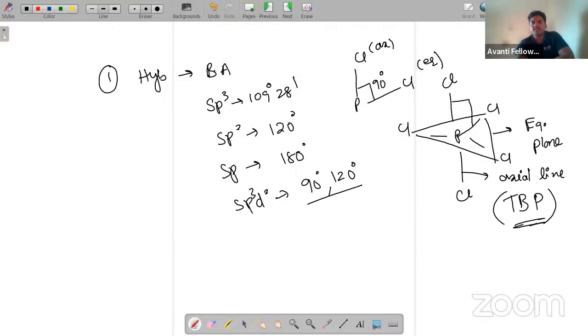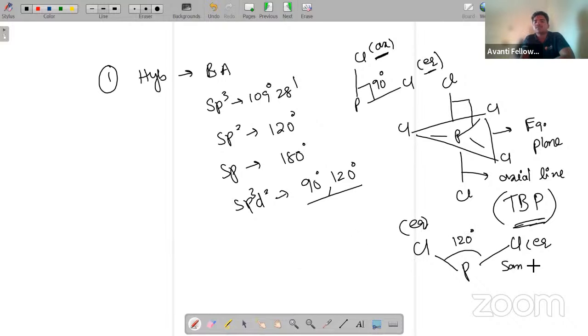Next, this is an equatorial chlorine, this is phosphorus, and this is another equatorial chlorine. The bond angle between 2 equatorial chlorines is 120 degrees because both are in the same plane. I hope you understand this one. Is it clear to you guys?